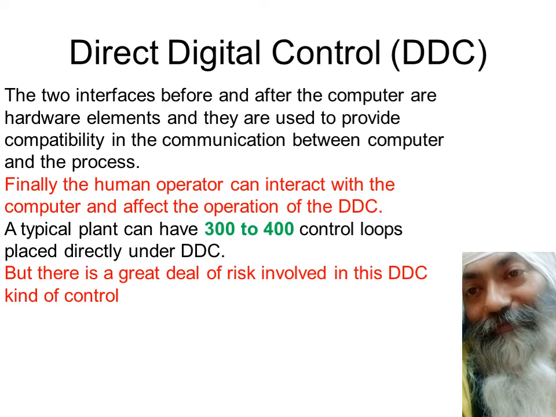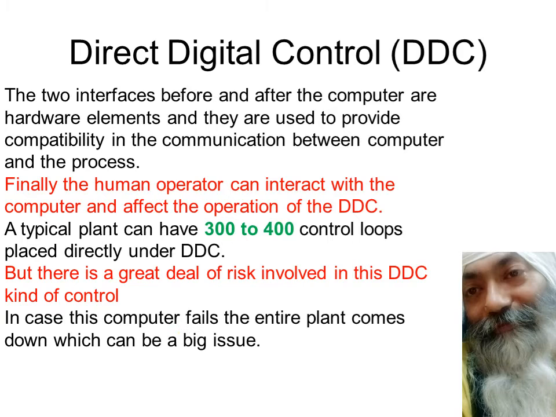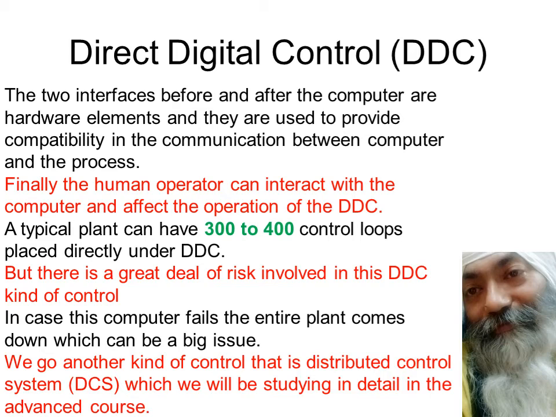Because of that, these days we do not go much for DDC kind of control, because, repeatedly I'm telling you, if this computer fails, the whole plant may come down. So we go in for its variant, its new avatar. We will be discussing this distributed control system, as we call it, DCS, in some advanced course.